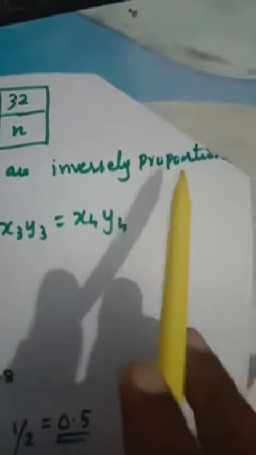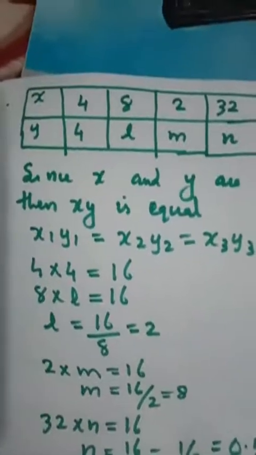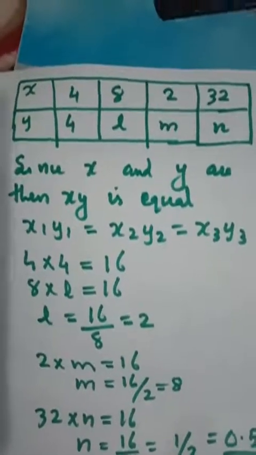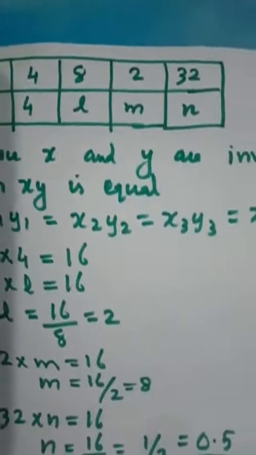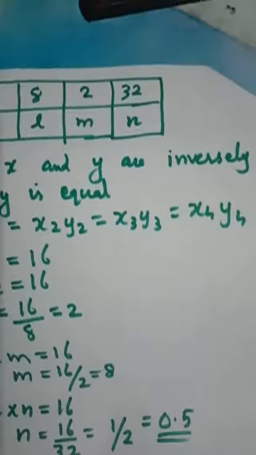So since x and y are in inverse proportion, all the xy are equal. So x1 y1 is equal to x2 y2 is equal to x3 y3 is equal to x4 y4.